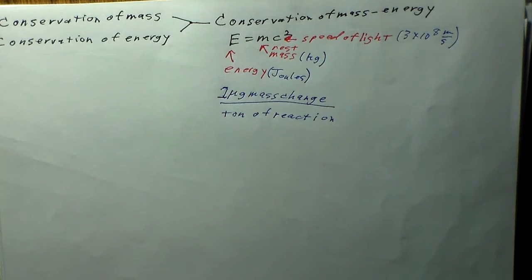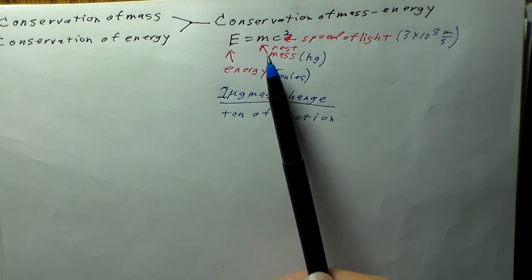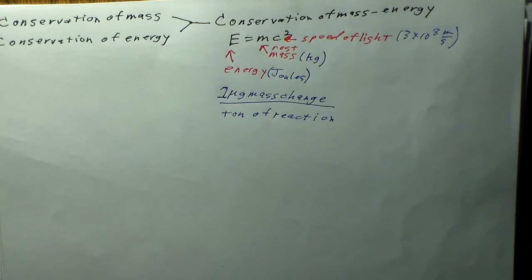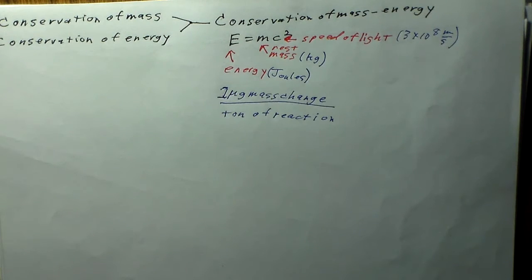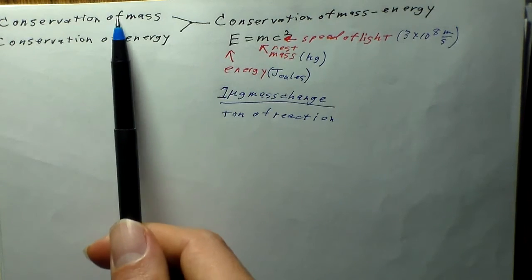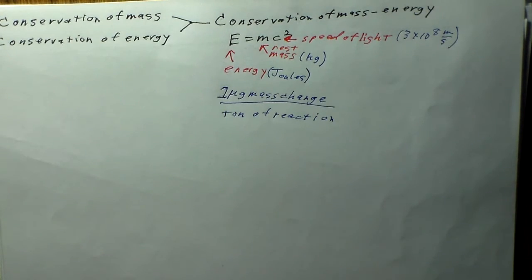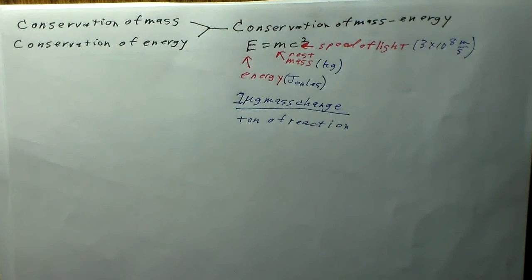So in a nuclear reaction, you could have on the order of a couple of percent mass change, because the amount released is very big. But that's for nuclear reactions. For regular chemical reactions, the mass change is insignificant, so we're just going to treat conservation of mass and conservation of energy separately.